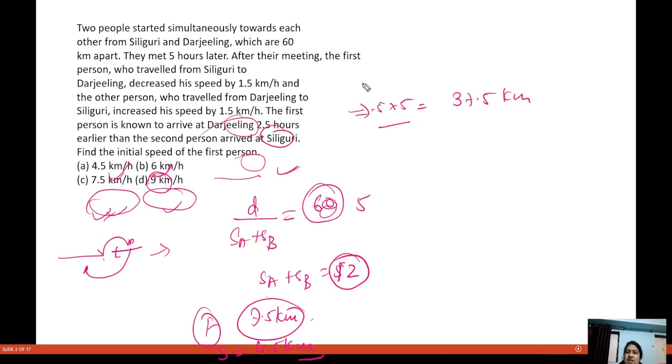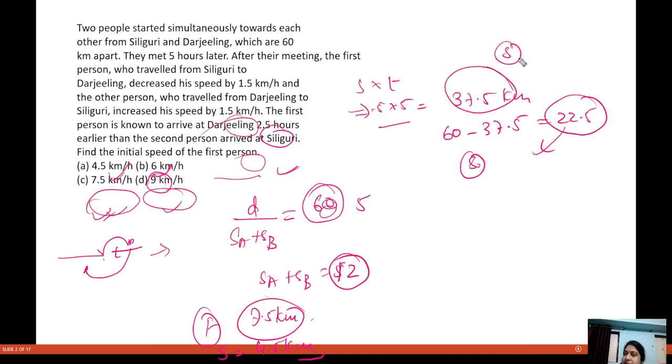Just multiplication, speed into time. And how much is left? 60 minus 37.5, that is 22.5. And exactly this distance is traveled by the slower person, and the faster person has to travel now this much distance.